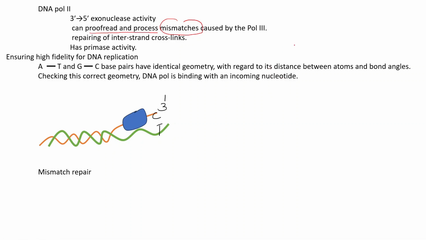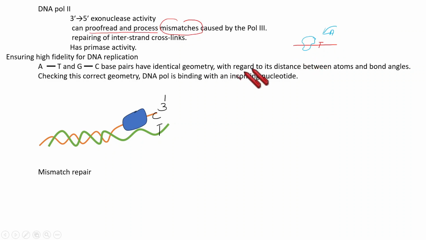Is it clear? Suppose this is the template strand and suppose it is the base, and this is the DNA polymerase 3, and this is the incoming nucleotide. Then this enzyme checks the geometry of this incoming nucleotide, and as it finds that it has a matching geometry with the thymine, then it allows this base pair with this thymine. So that is one method. It assures the fidelity or quality of DNA replication.